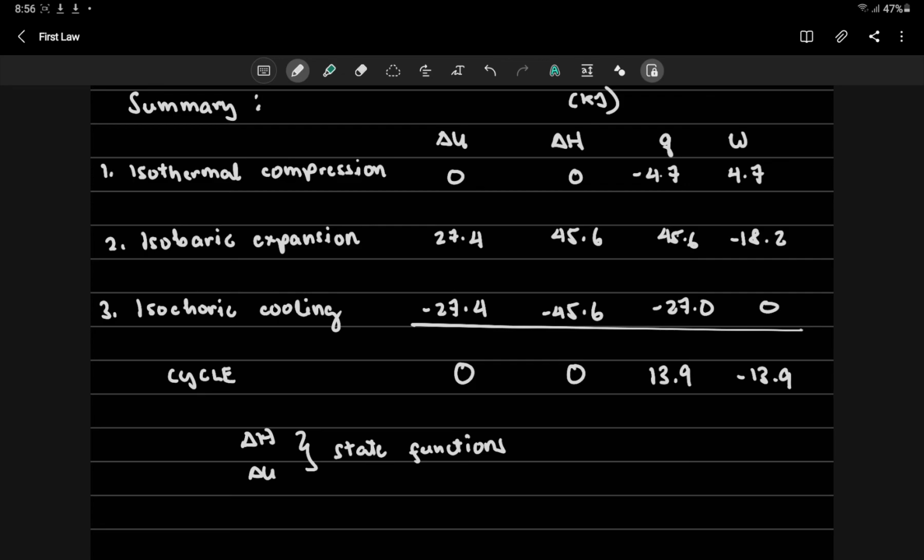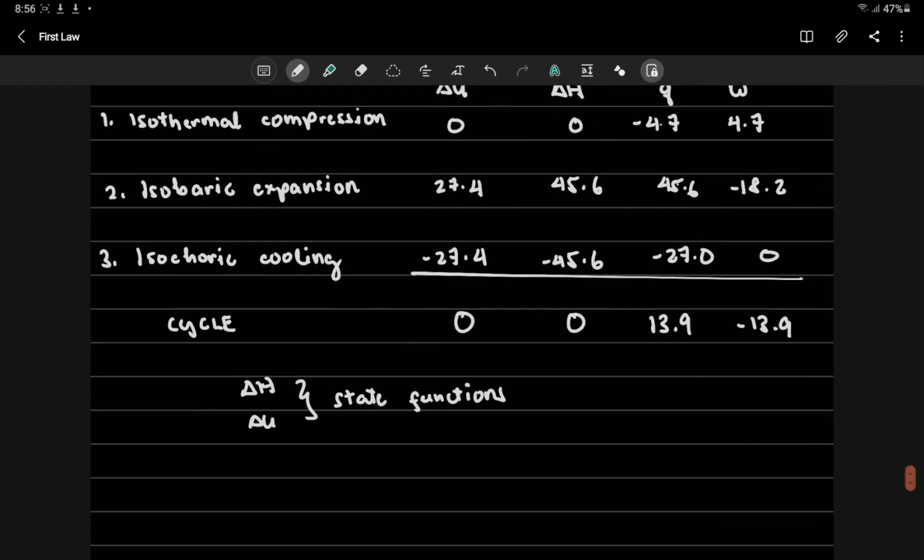So no matter what kinds of steps will happen in between these conditions or states, mahaba man or maiksi, no matter what the path is, ganun pa rin yung magiging value. You have state 1, you have state 2, you will be able to calculate the different properties regardless kung ano yung pinagdaan ng steps.